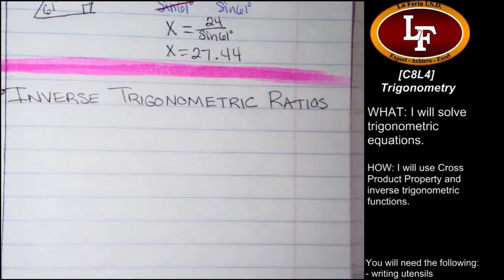If you have a power sitting there, you're going to take a root. You want the power and the root to match. Whatever power, you're going to take whatever root, as long as they match.